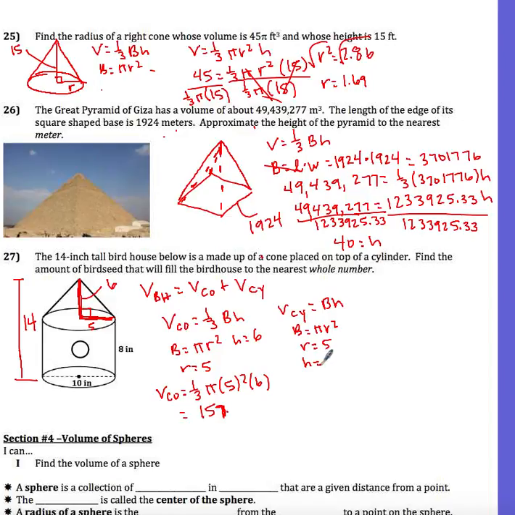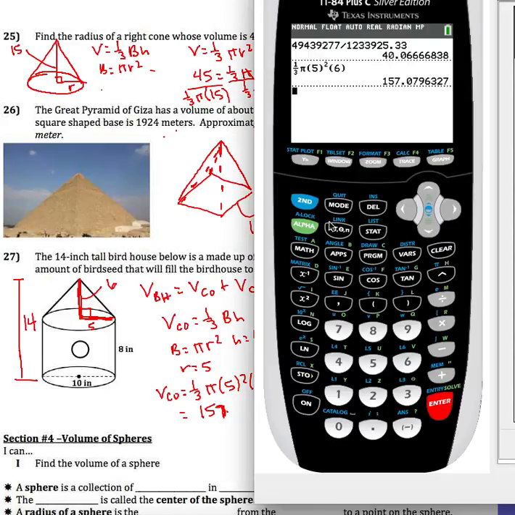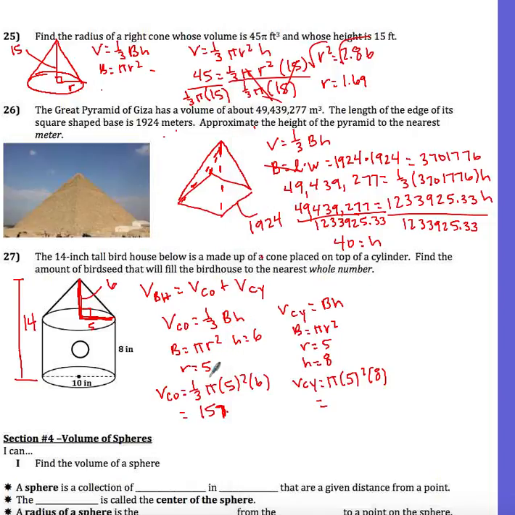Our H for our cylinder is going to be 8. So when we plug into the volume of the cylinder formula, it's pi times 5 squared times 8. On my calculator, pi times 5 squared times 8 will give me 628.